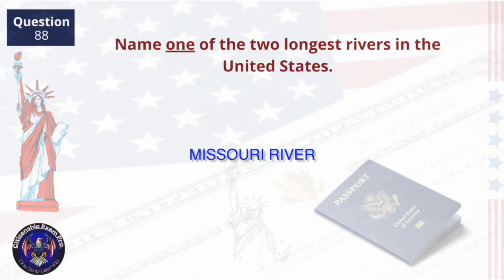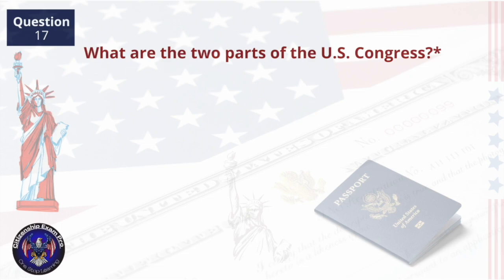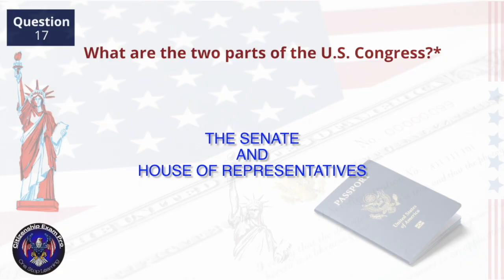Missouri River. What are the two parts of the U.S. Congress? The Senate and House of Representatives.